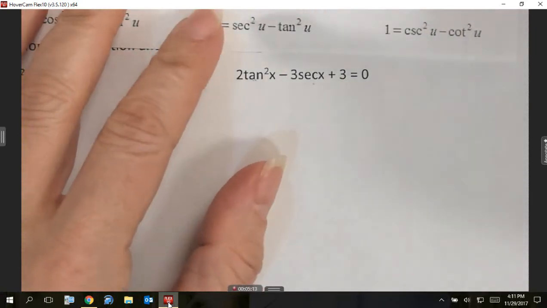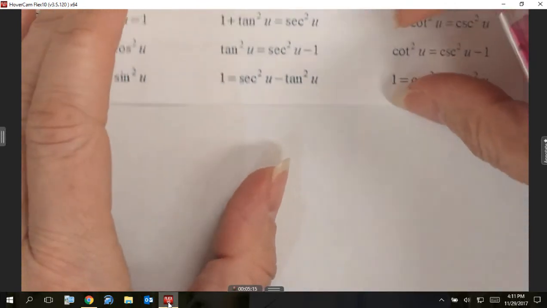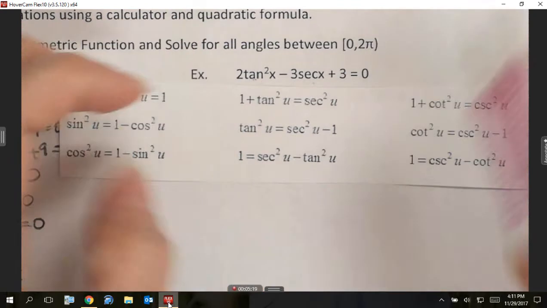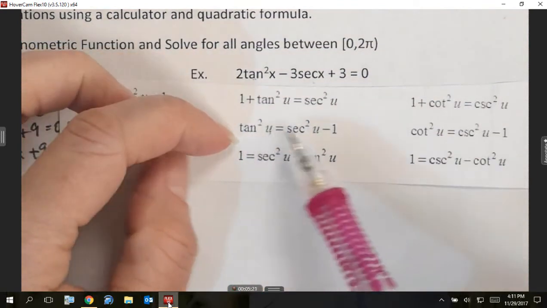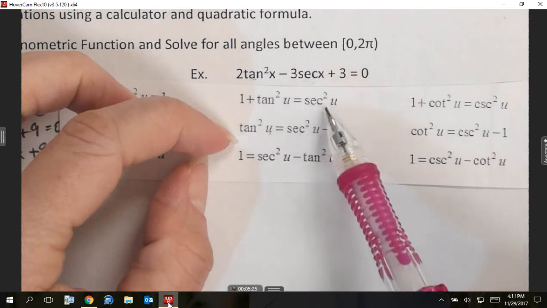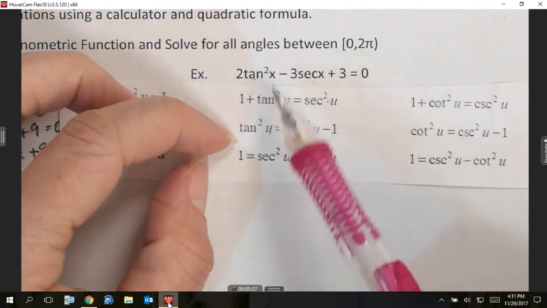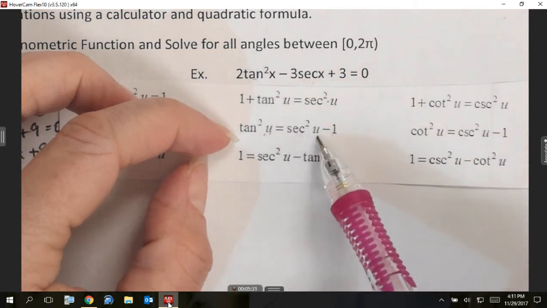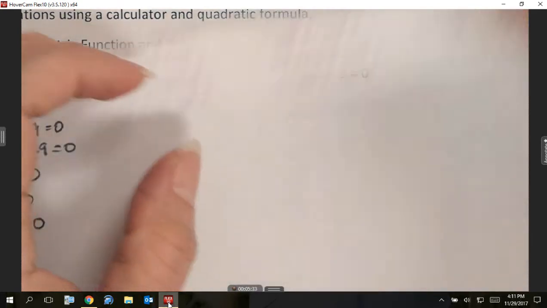Let's see. Right here I've got tangent squared is equal to secant squared minus 1. I can't switch out secant because it would have to be squared. But I can switch tangent squared to secant squared x minus 1. So that's what I'm going to do.